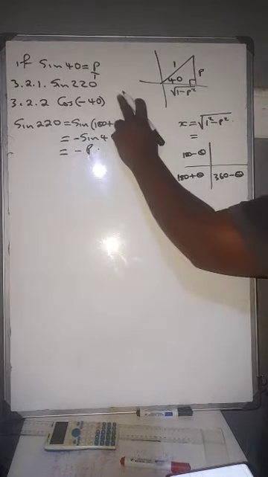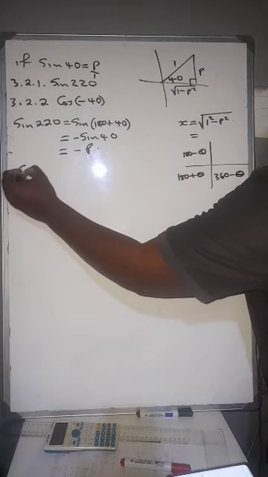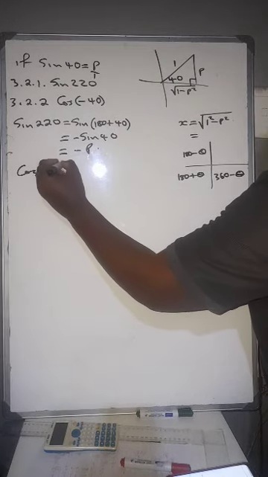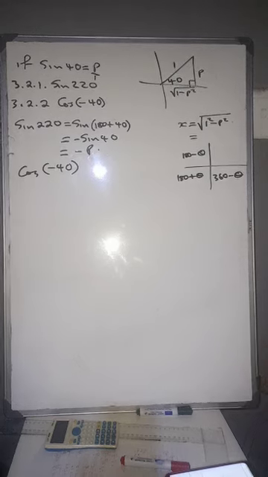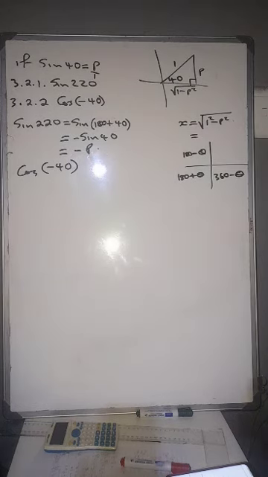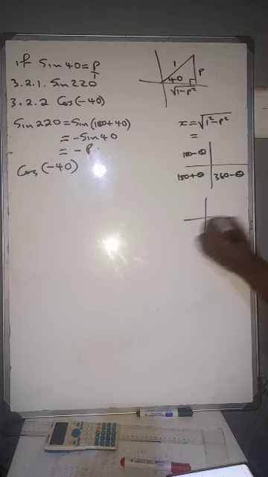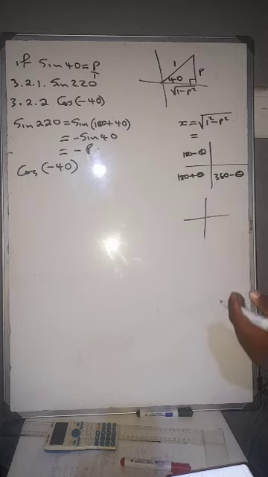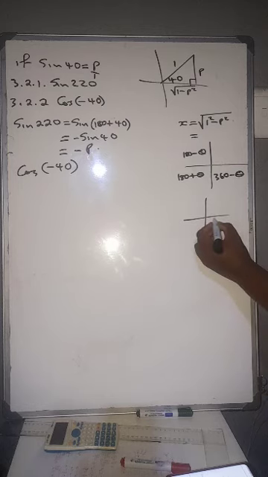And the next question, cos negative 40, where do we find it? Which quadrant? This is found in the fourth quadrant, right? Remember, the positive side when we are measuring degrees is the anti-clockwise direction.